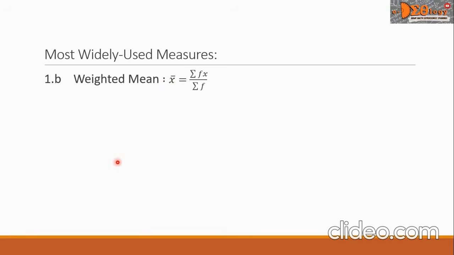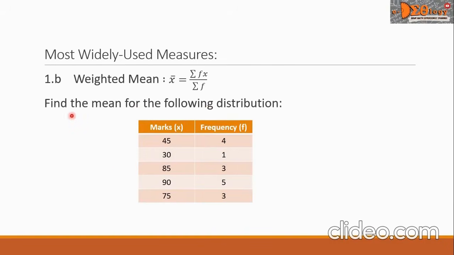Let's have an example. Find the mean for the following distribution. We have a table here with 2 columns. The first column is for the marks, which we regard to be x. The second column is the frequency with the symbol f.